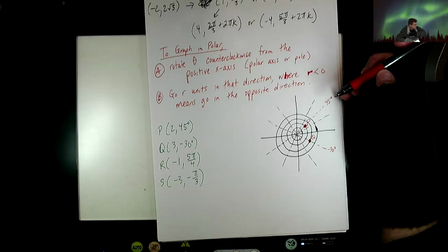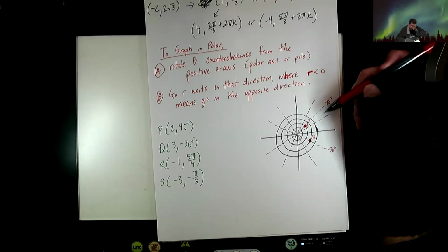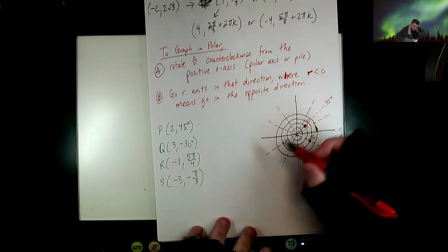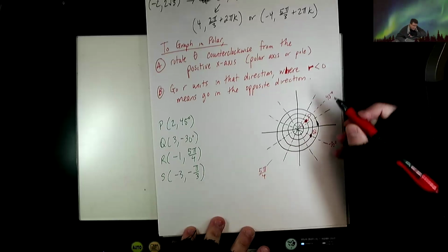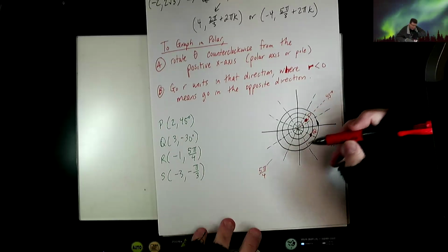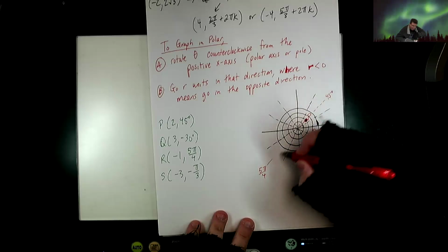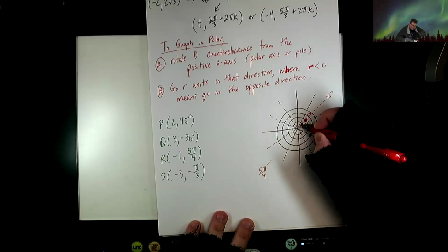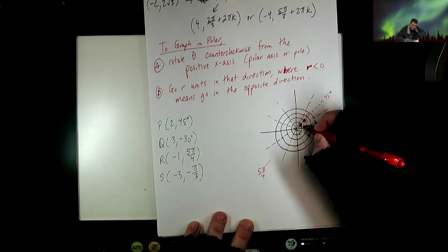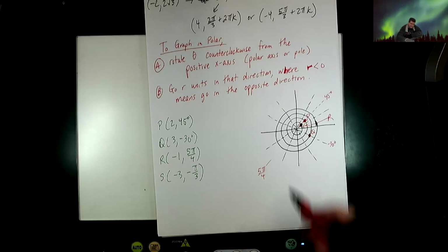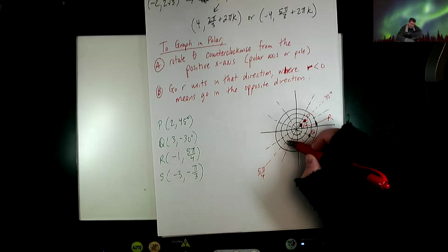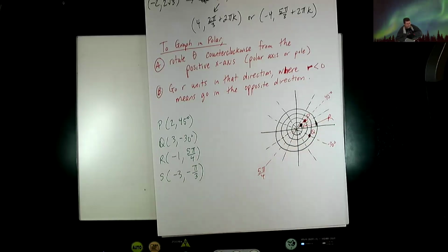Everyone with me so far? 5 pi over 4 is in quadrant 3, this direction. And if I go -1, I'm actually going to go this direction, this way. So R is going to end up right next to P. So we're going along the 5 pi over 4 line, and we're going to go -1 in that direction.